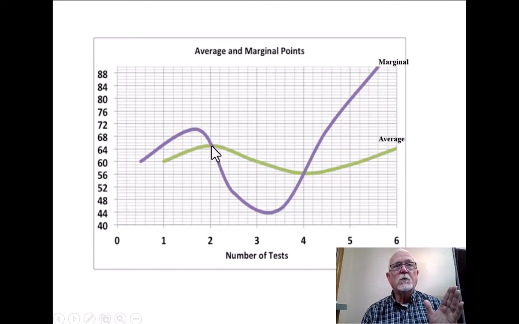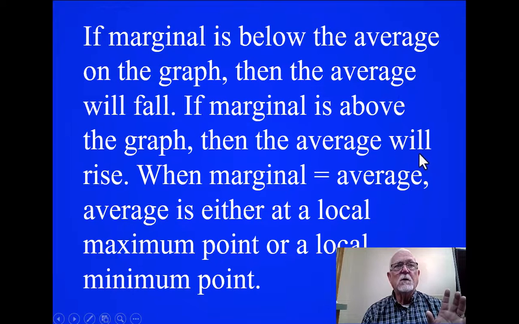So where marginal equals average, that's going to give us either an area where the average is at a maximum point or at a minimum point. If you really understand those concepts, then it will be very useful for you for the rest of the semester. So you might want to go and review this slide later on if necessary, or look in my text notes.